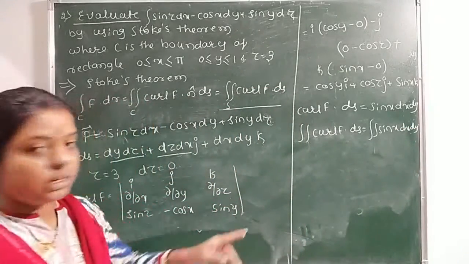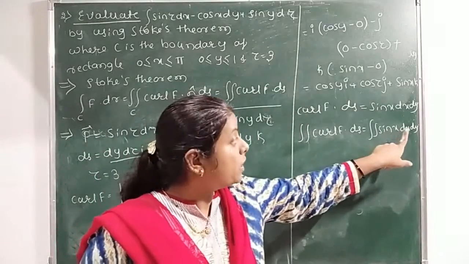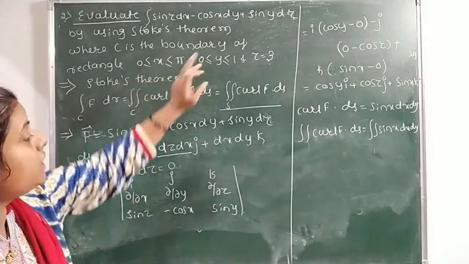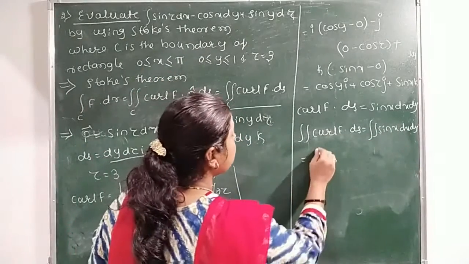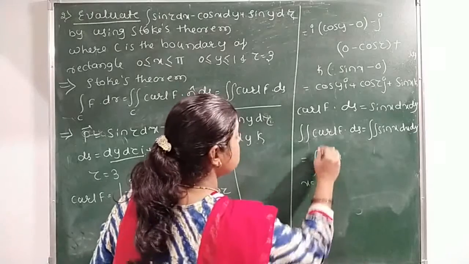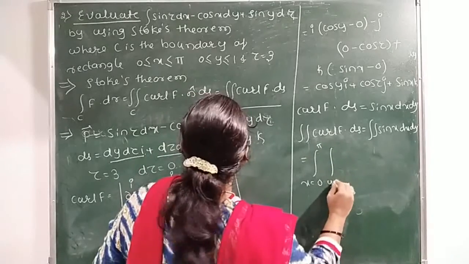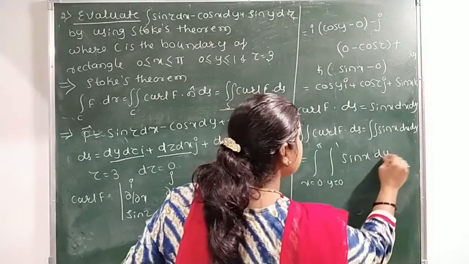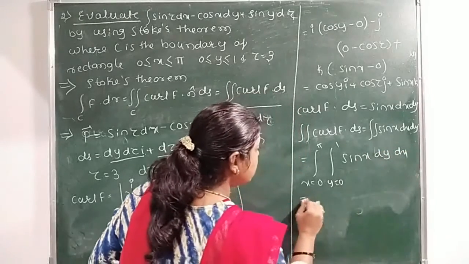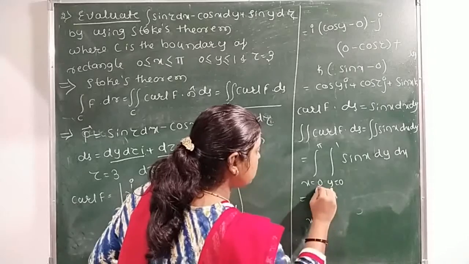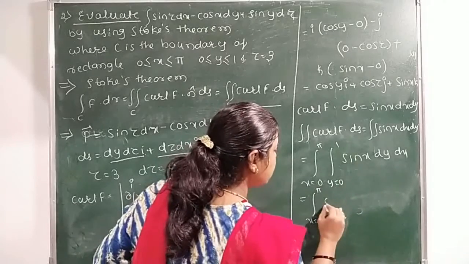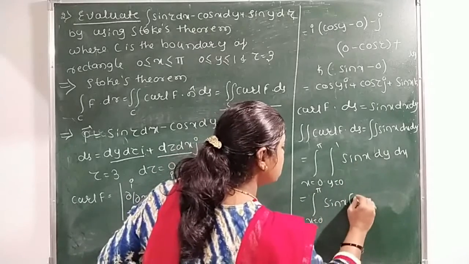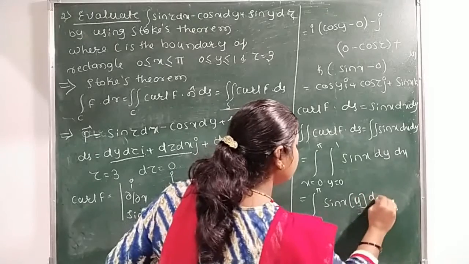Now we apply the double integration for the x and y terms. Here the intervals are given in terms of x and y: x is equal to 0 to pi and y is equal to 0 to 1. Sin x dy dx, with x equal to 0 to pi. Now apply the integration. Sin x is a constant, so integrate y dx.